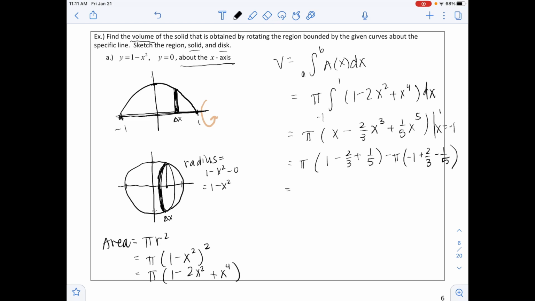And so this is going to work out to being 2 times pi, which is 1 minus 2/3 plus 1/5, which again you could have used that idea of symmetry, noticing that the left and the right side of the y-axis are identical, or by just factoring out a negative from the second parenthesis, you'll be able to arrive at the 2 since they're going to match exactly. 2 pi times 1 minus 2/3 plus 1/5. And then working this out, we arrive at 16 pi over 15. And so this is our volume.